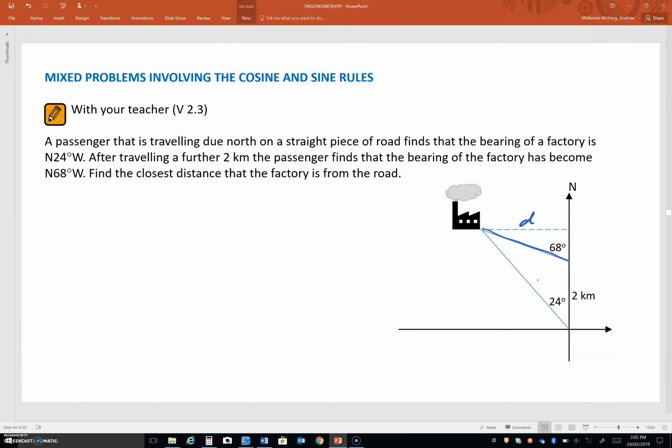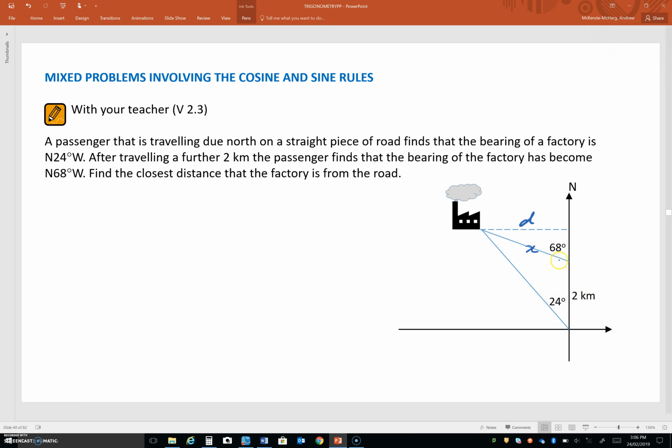Okay, so let's see. We haven't got enough information yet to find that side length. I'll just call it X for now. We're going to need some more information. So one thing we could do is start to work out some more angles in this triangle that we have here.